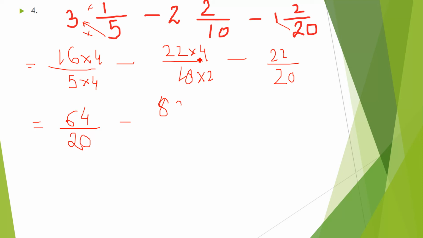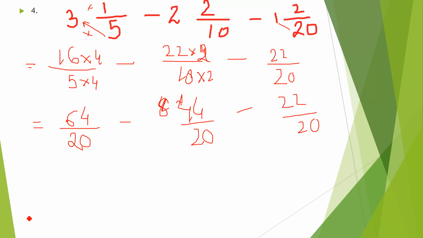Sorry, we have to multiply this by 2, not by 4, sorry. So this will be 44 over 20, because see, we multiplied the denominator by 2, not by 4. 10 times 2 is 20, so we have to write down 2 here, minus 22 over 20.